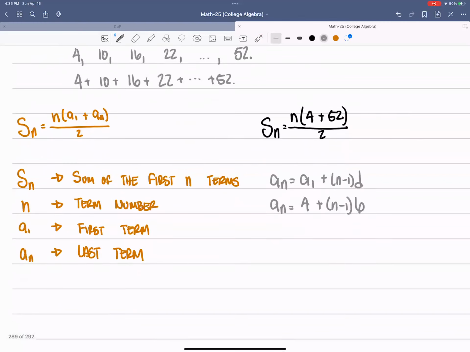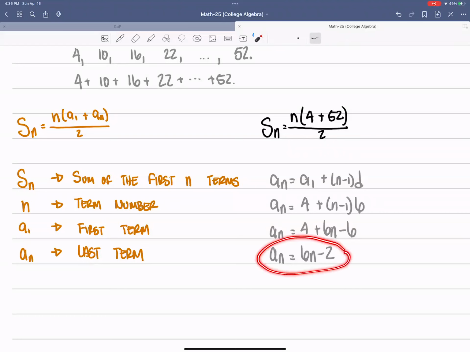Let's simplify and see what we have so far. a sub n is equal to 4 plus 6n minus 6, so a sub n is equal to 6n minus 2. If we plug 1 in, we get 4, so this looks good. This is the general term of our sequence, the nth term. Now we can plug in 52 to see what n ends up being.